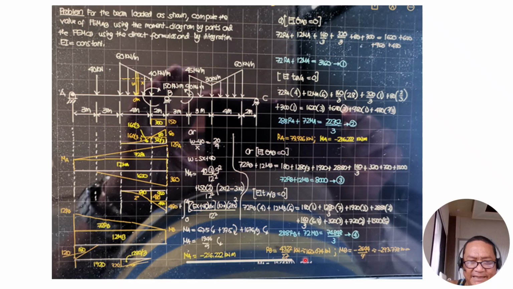Therefore, the moment at A, I will just explain it on the next slide. It cannot be seen here. So, moment at A would be the sum of these moments at the left. So, for instance, 12 RB plus MB plus negative 120 and so on and so forth. I'll explain that on the next slide.